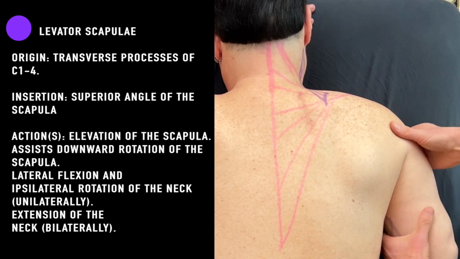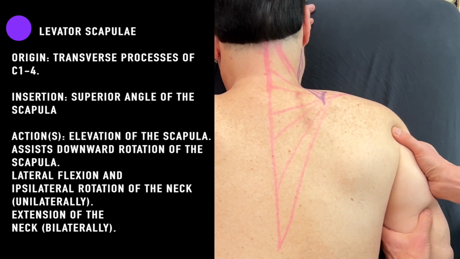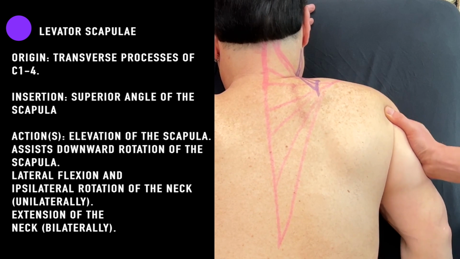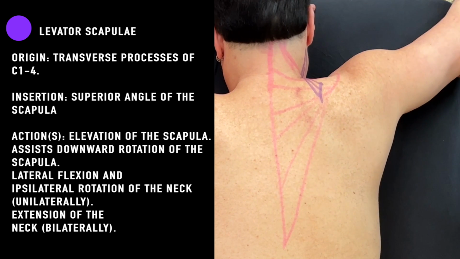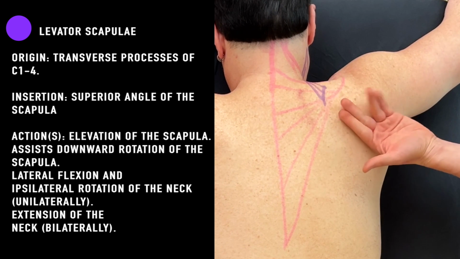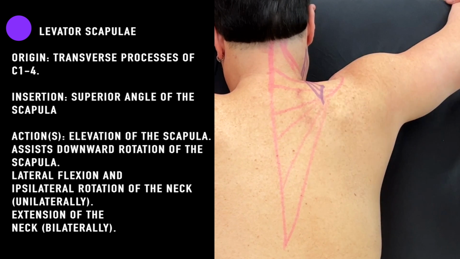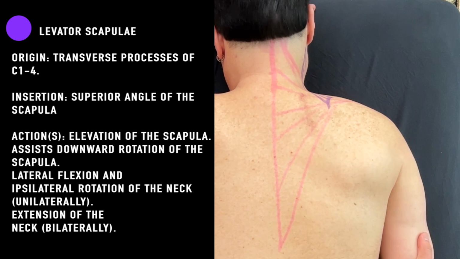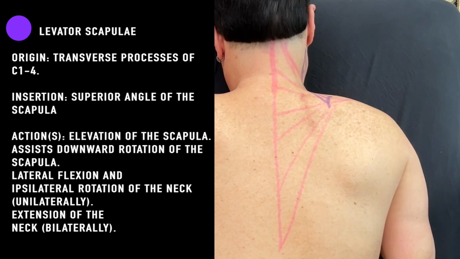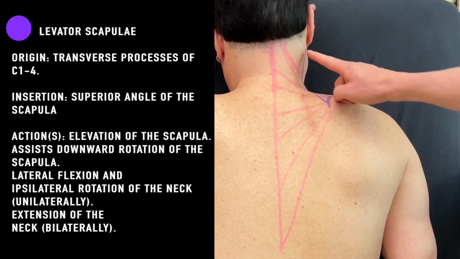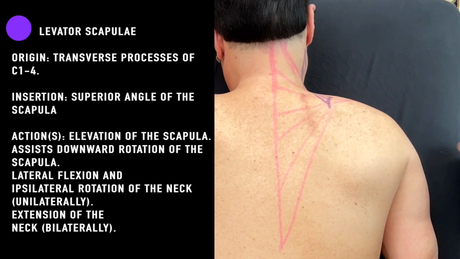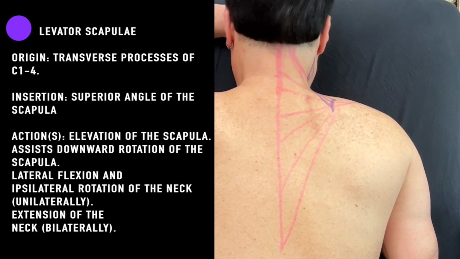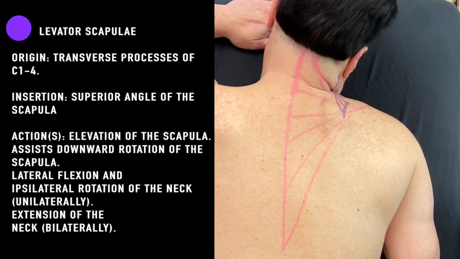The levator scapulae, as you might expect, will elevate the scapula. It also will assist if the scapula is upwardly rotated. It will help pull the superior angle up to the neck and assist with downward rotation of the scapula. And since it attaches to the neck, if the scapula is fixed in place by other musculature, you will get, just like trapezius, lateral flexion of the neck over to the same side.